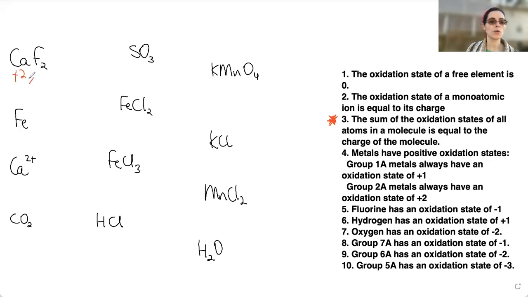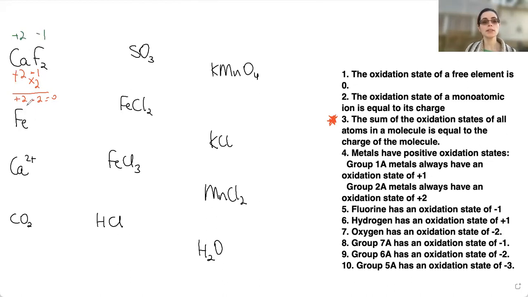So the oxidation state of fluorine will be multiplied by 2, and that will have to give us -2, right? Because +2 from calcium minus 2 is 0. So that means that the oxidation state of fluorine has to be -1. So +2 for calcium and -1 for fluorine.